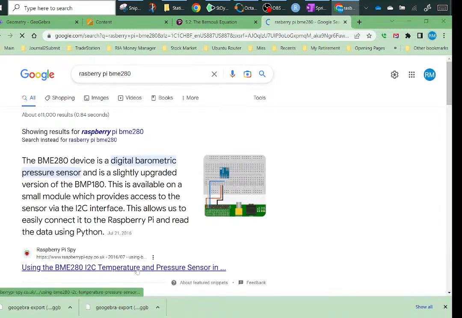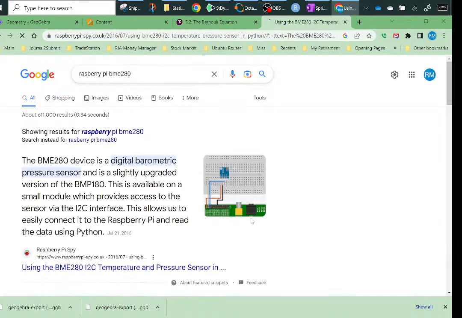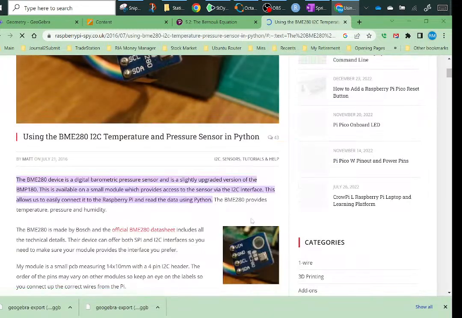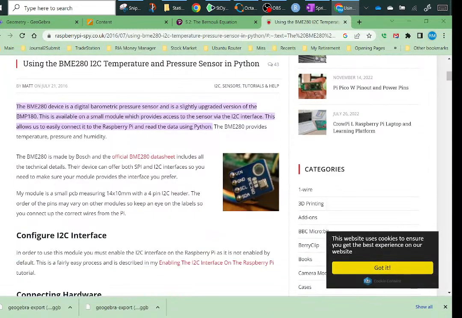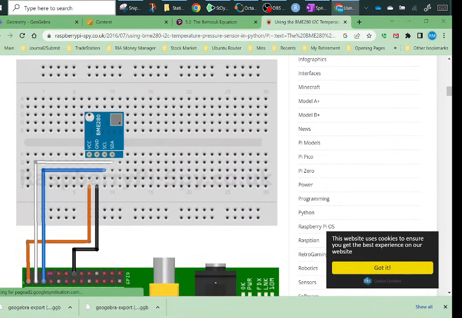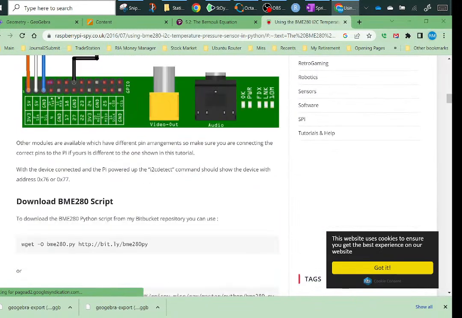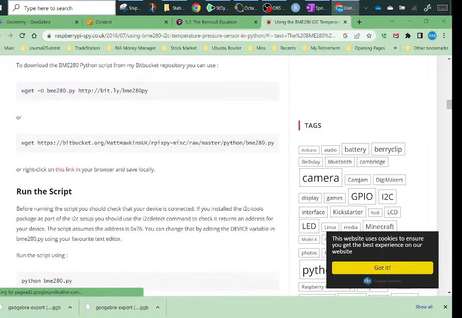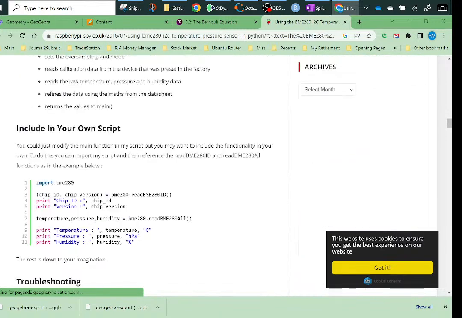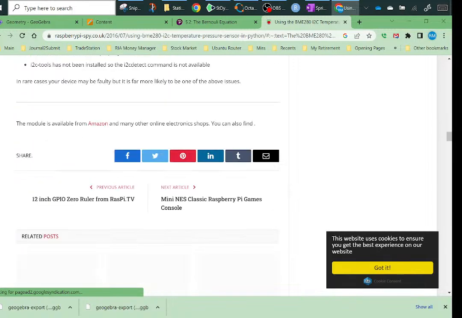Okay, so here's a person whose looks like that. You connect these things up, put them to a Raspberry Pi, and then you can get this script and basically plot your pressure through time.